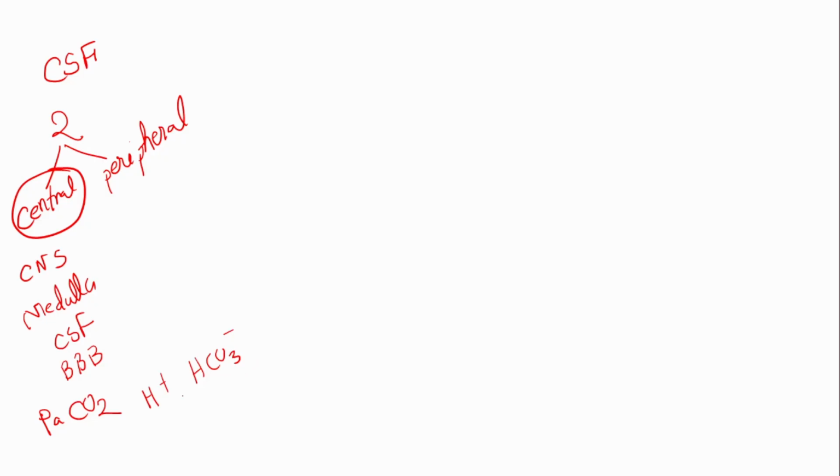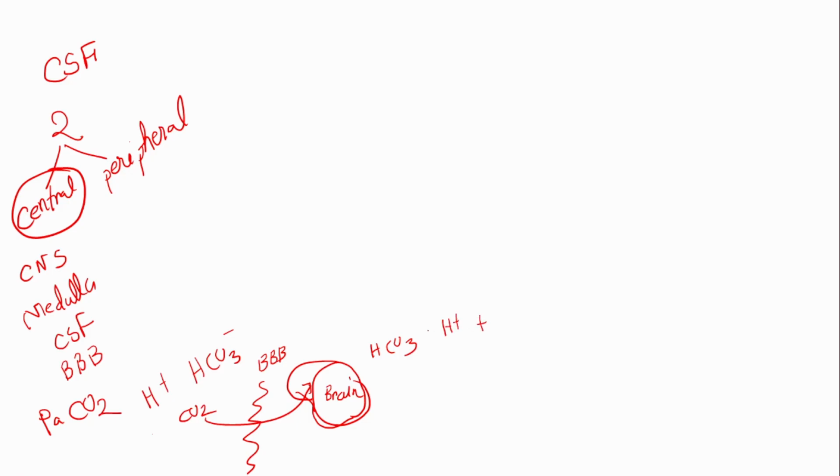However, carbon dioxide is a gas and is highly lipid soluble, so it diffuses freely and rapidly crosses the blood-brain barrier from the capillaries into the CSF of the brain. Once inside the CSF, carbon dioxide encounters water and undergoes the familiar hydration reaction to form carbonic acid, which immediately dissociates into hydrogen ion and bicarbonate ion.